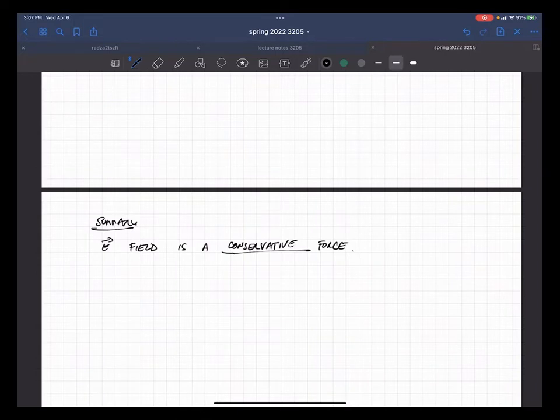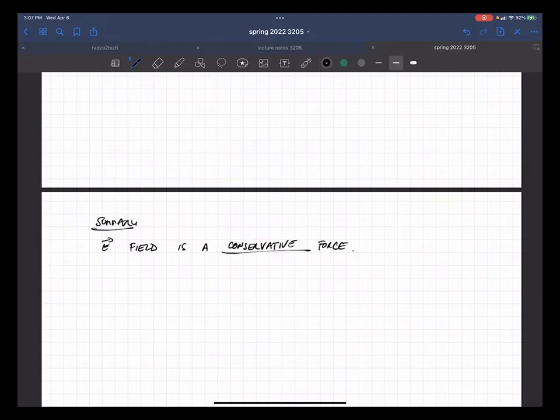That means that if a particle is working against or with an electric field, or if an electric field is working on a particle, regardless of the path that the particle takes between any two points, the amount of work stays the same. So that's kind of in a nutshell.